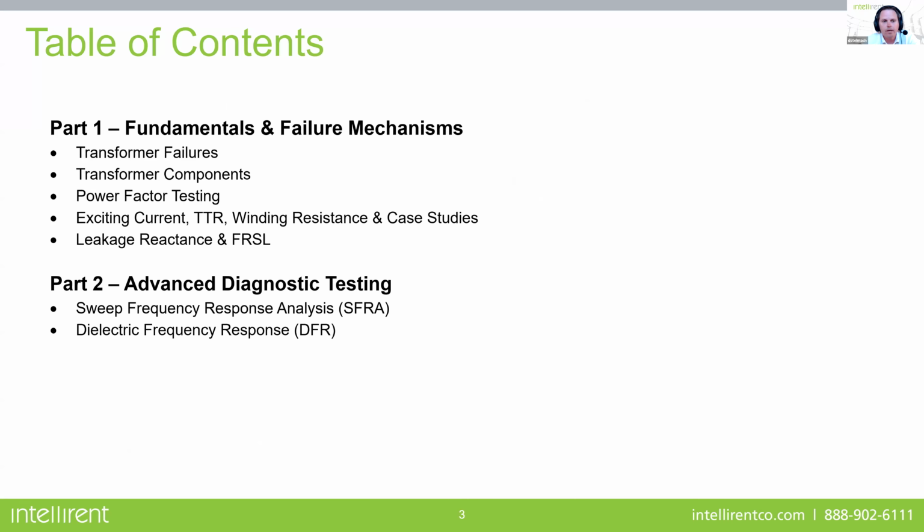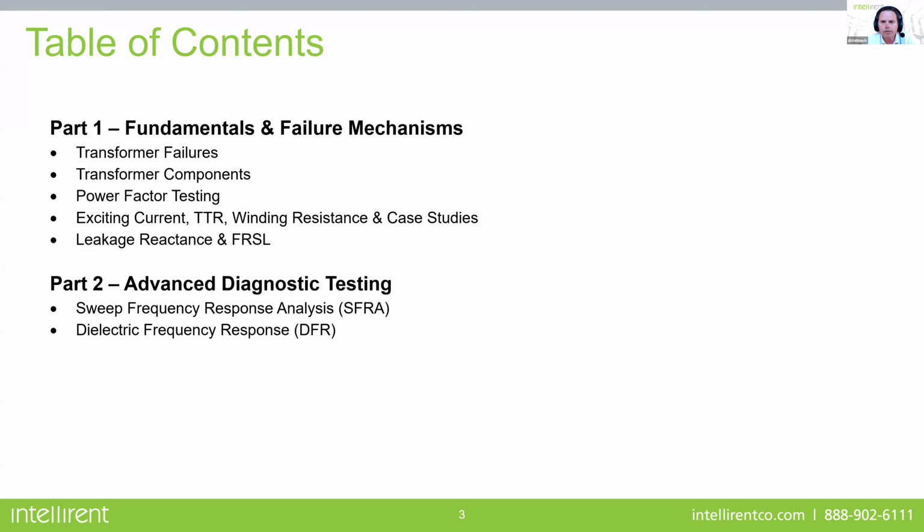The presentation will be broken up into two parts. We will first dive into the fundamentals and failure mechanisms. So, a little overview of transformer failures, the components of transformers, what is power factor testing, exciting current, TTR, and winding resistance. We'll go through a case study there. Then we get into leakage reactance and something called FRSL, frequency response of stray losses.